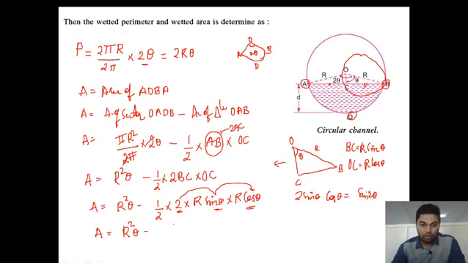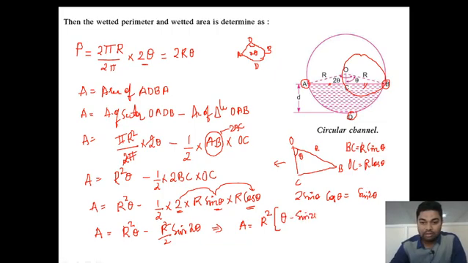So it becomes r square by 2 sin 2 theta. From this equation, the area can be written as r square, if we take r square common, theta minus sin 2 theta by 2.